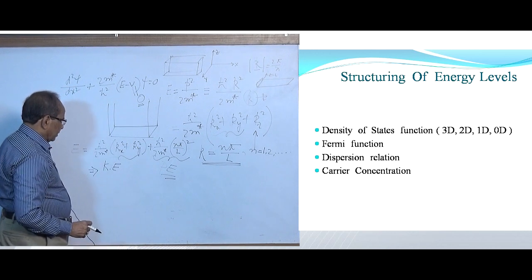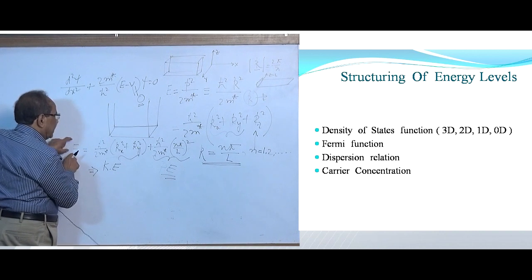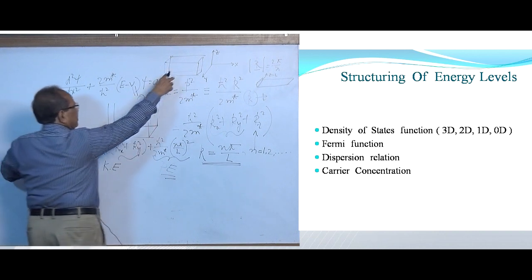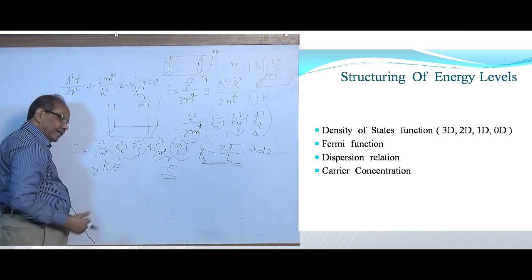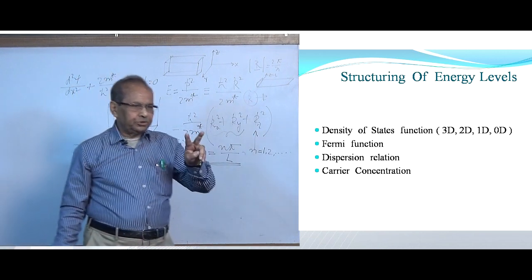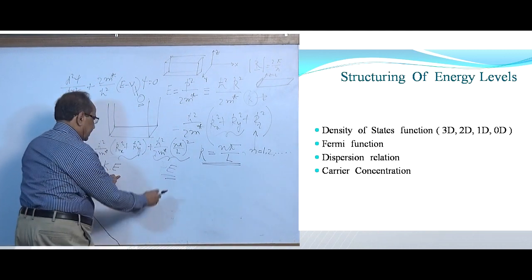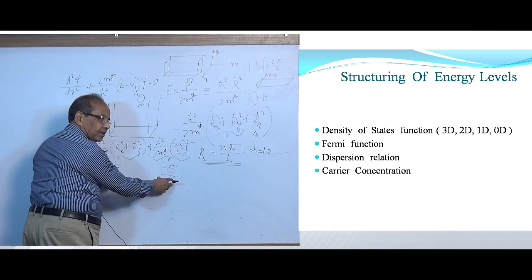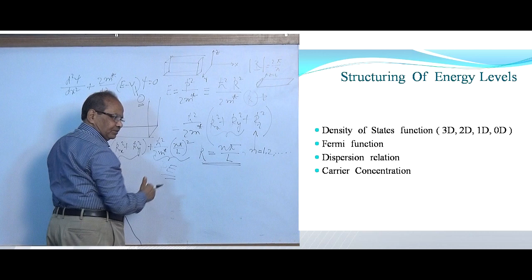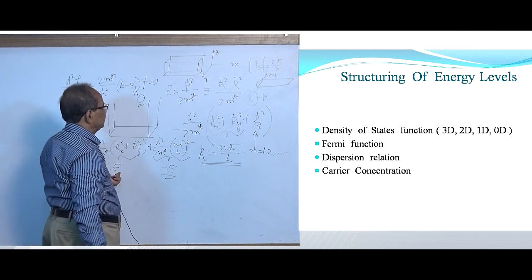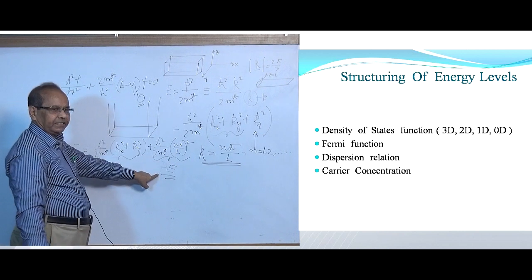So it is interesting to note that the total energy of the electron in the nanomaterial is now divided into two. One is the kinetic energy part and another is the potential energy part. Now you notice that when it was free to move in all the directions, there was no potential energy. Now you see there is a potential energy.